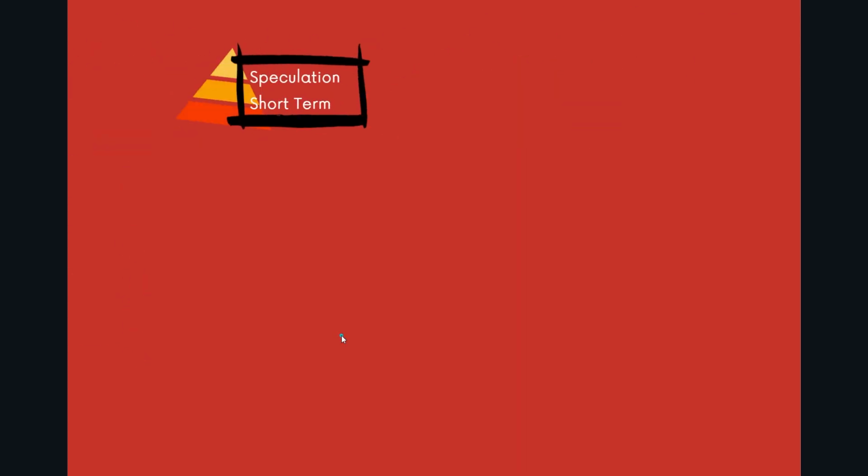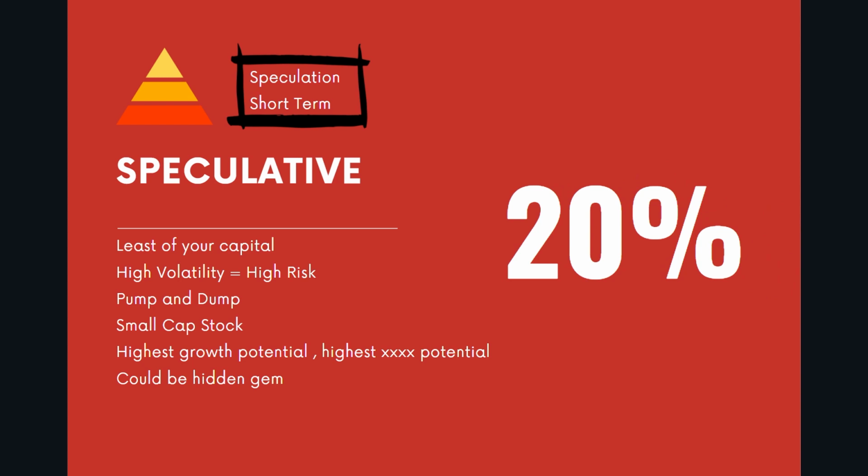The next one would be the speculative or short-term portion of our pyramid. A safe trader will not risk too much on a speculative or short-term trade, as high volatility equals high risk, which also leads to high reward. You must have heard of people becoming millionaires by speculating on certain stocks.